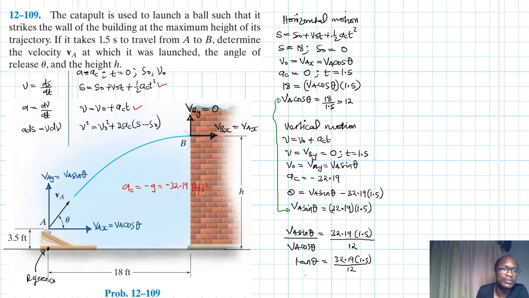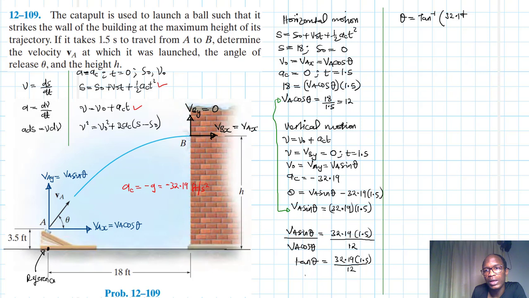And then theta, I create a boundary like so. Then we have theta is equal to tan inverse of 32.19 times 1.5 divided by 12. So this gives us theta is just going to be equal to, that's 32.19 times 1.5 divided by 12.